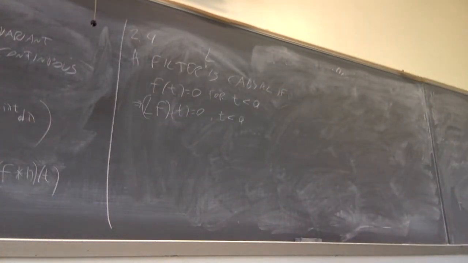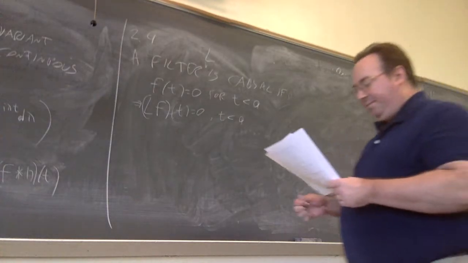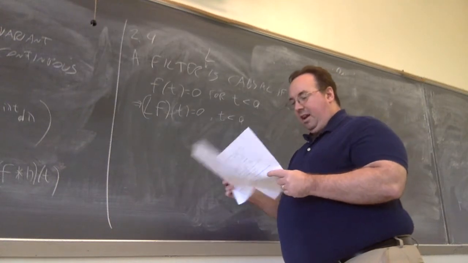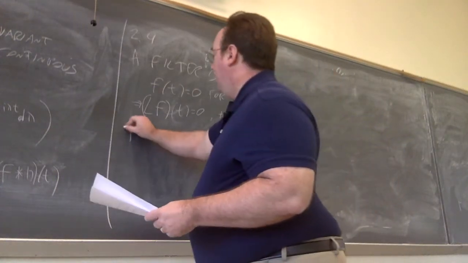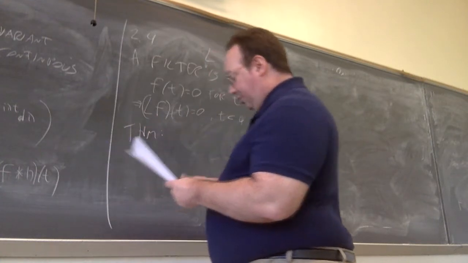So the output signal begins after the input signal does, or maybe at the same time, but definitely not before. Now it turns out there's a theorem that very simply describes causal filters.